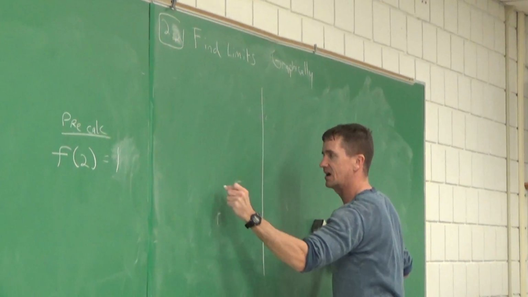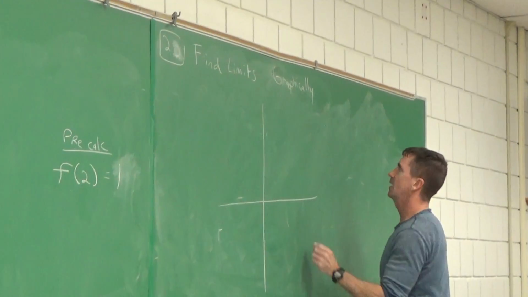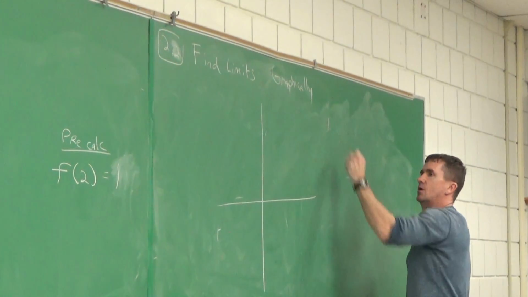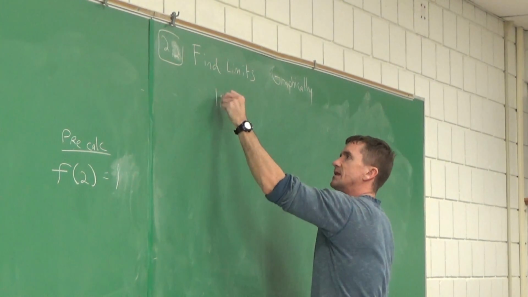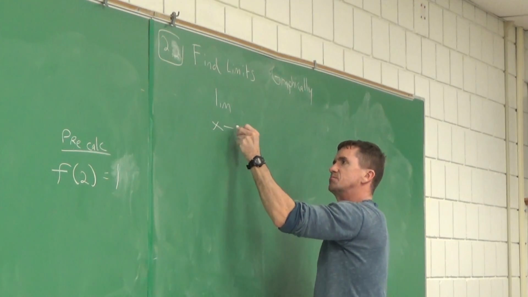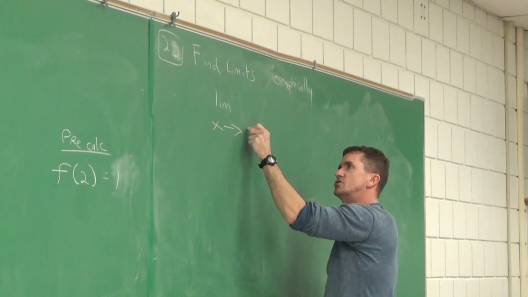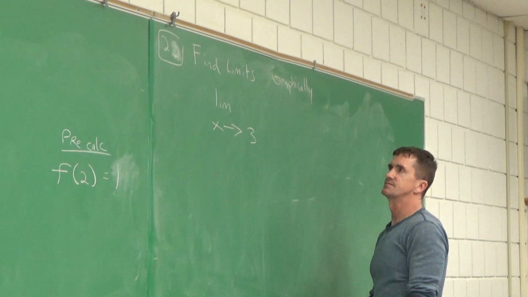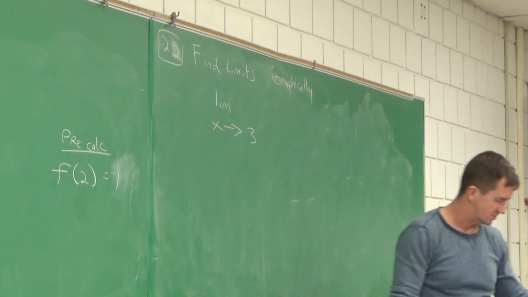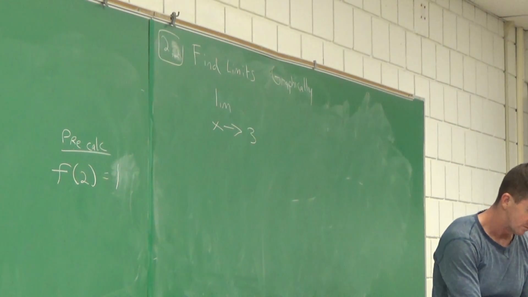So let's just draw a graph. I'm going to make one up. Ready? In fact, I'm going to erase this. Find the limit as x approaches 3 of the function. Let me look for a good one.